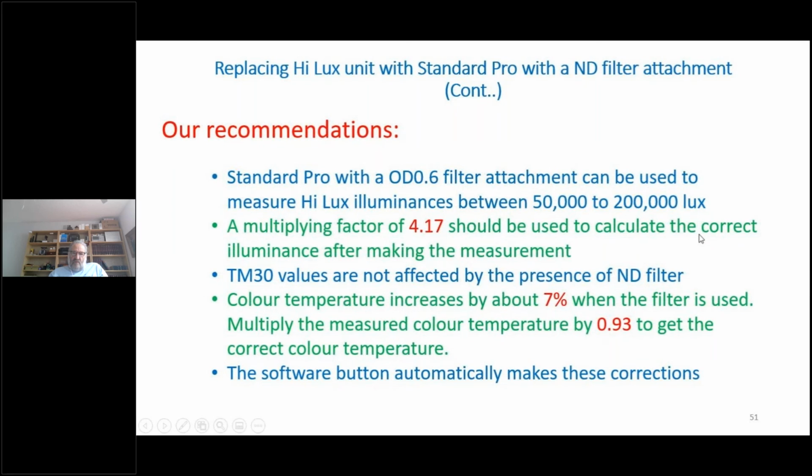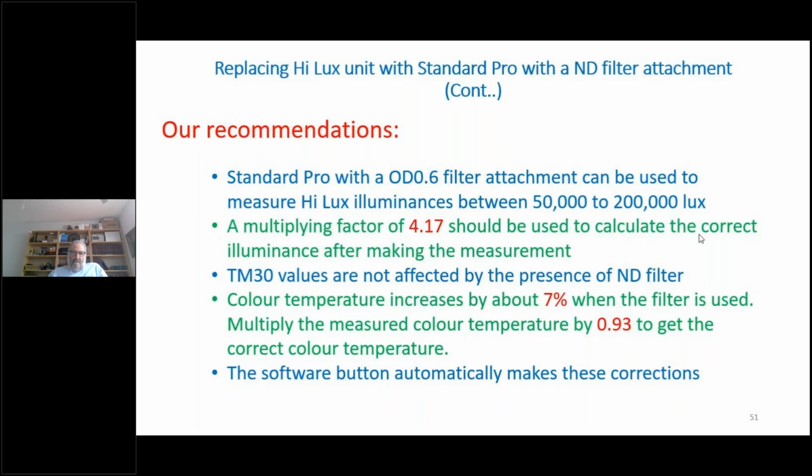So the conclusion of the test was you can use the OD 0.6 neutral density filter to measure illuminances between 50,000 to 200,000 lux. And the multiplying factor of 4.17 should be used to calculate the illuminance after the measurement.